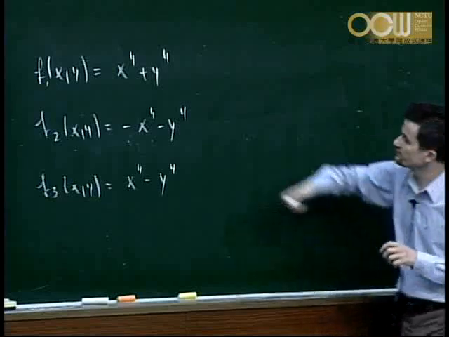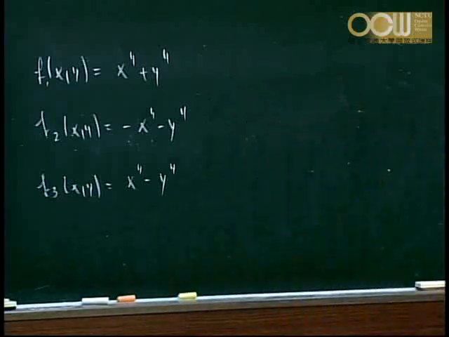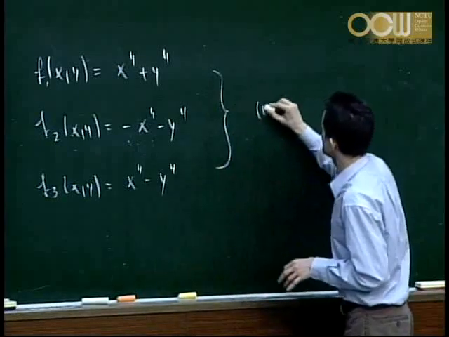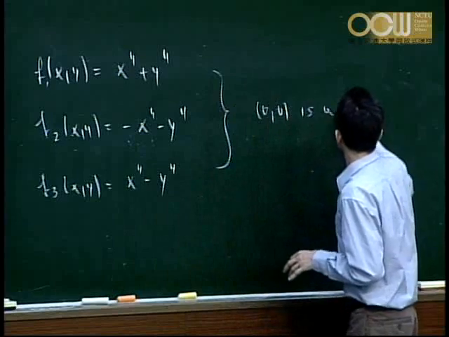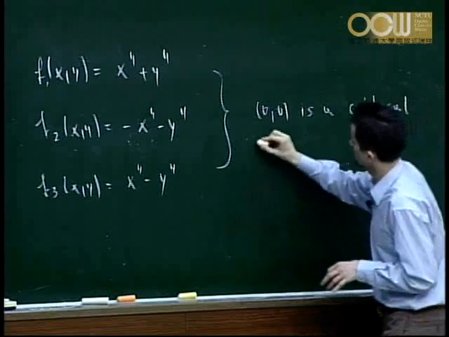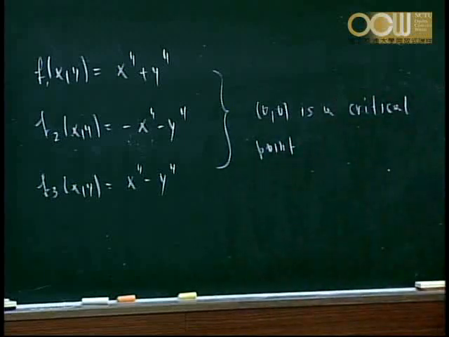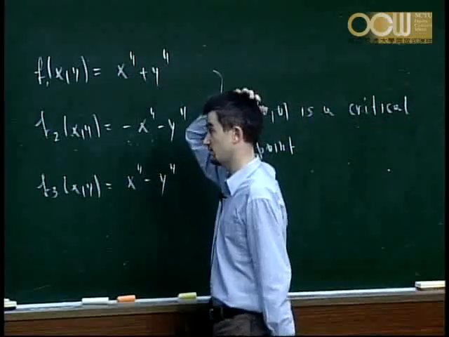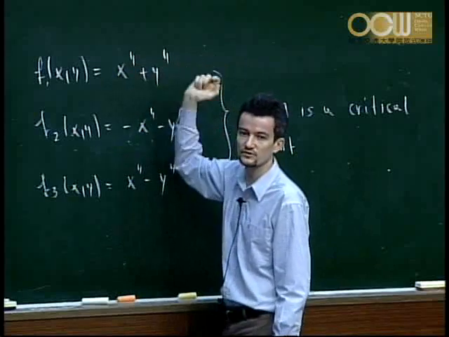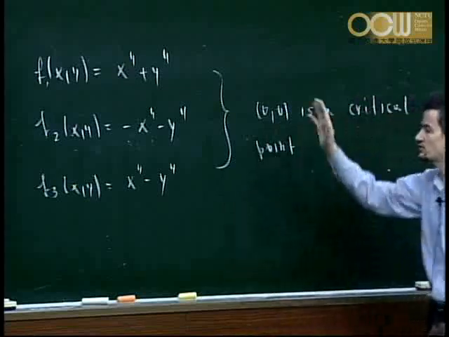Now, for all three functions, you have the critical point (0,0). Actually it's the only critical point, because if you take the first partial derivative, you have 4x cubed. You equate it to 0, you get x equal to 0, and the same for y. So (0,0) is the only critical point in all three cases.